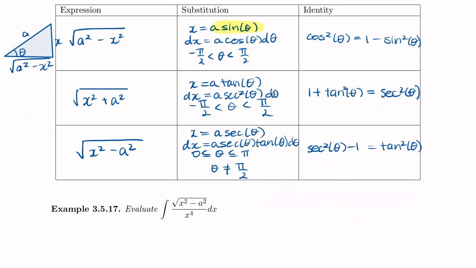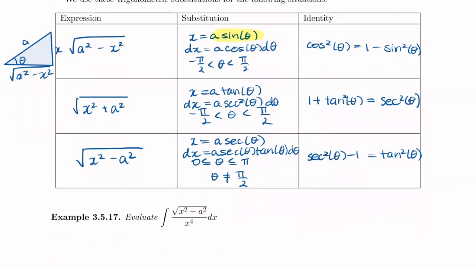So for the second row, this is the right angle triangle that you should construct. We have the tan ratio, which is the opposite. If this is our angle theta, opposite is going to be this x, the adjacent is going to be the a here. So by Pythagorean theorem, we have x squared plus a squared.